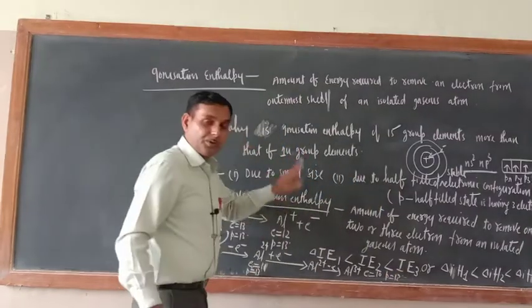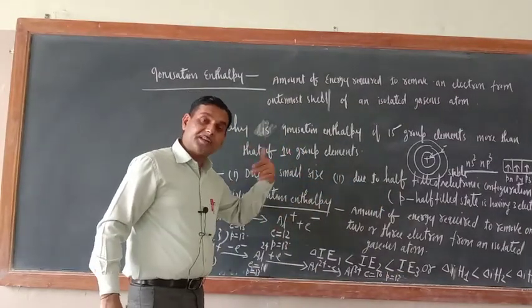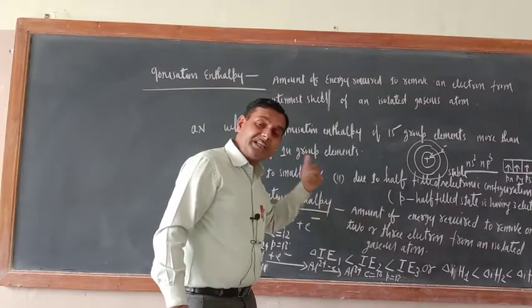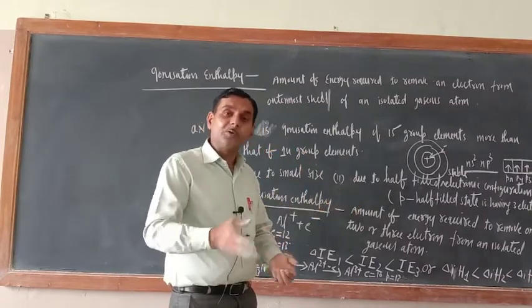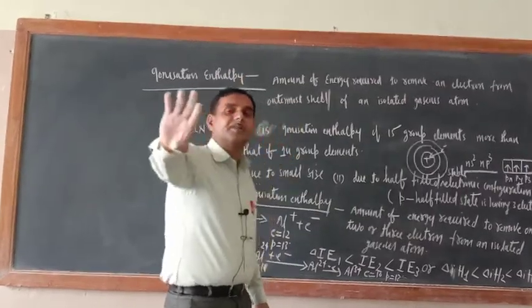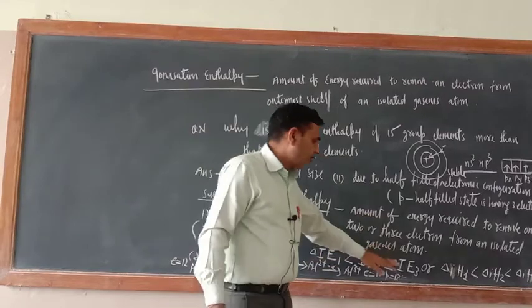So the effective nuclear charge per electron is increasing with removal of 1 electron in each step. When nuclear charge increases, removal becomes difficult. That is why this order is there.